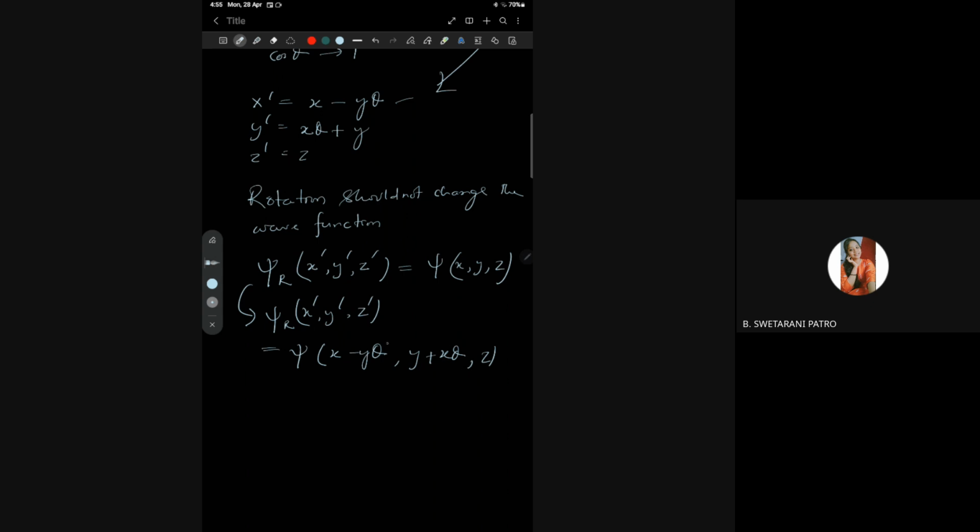If I try to write in terms of x prime, y prime, and z prime, that will just be the inverse rotation of this one. So then, instead of this x minus y theta, it will be x prime plus y prime theta, and y minus, because theta goes to minus theta. You take it that way.